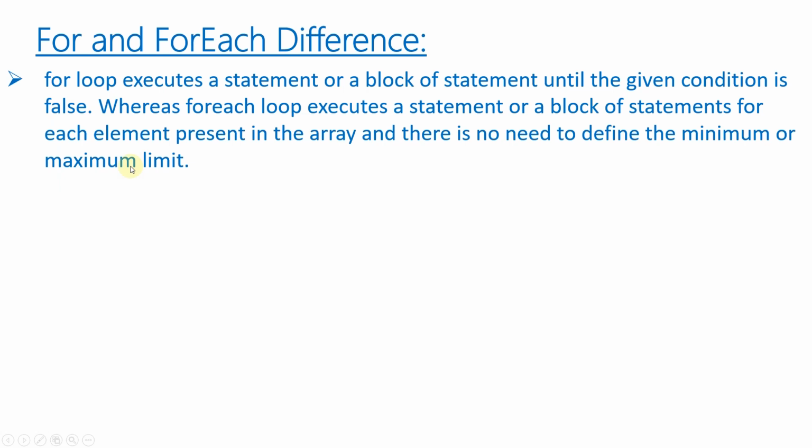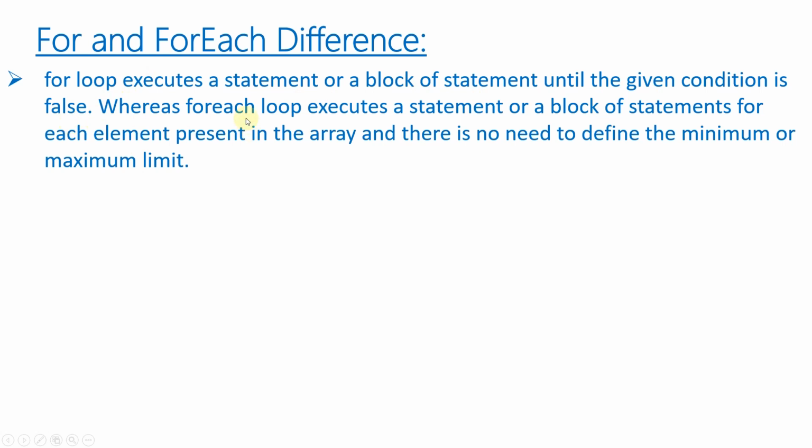And now we will discuss the difference between the for and foreach loops. The for loop executes a statement or block of statements until the given condition is false. So it will keep executing as long as the condition is true, and whenever it becomes false, the loop will immediately be terminated.